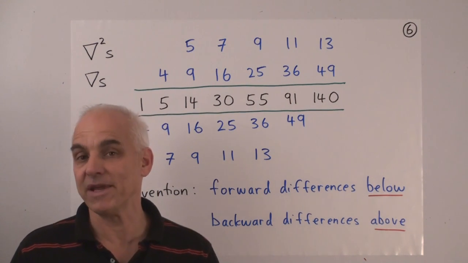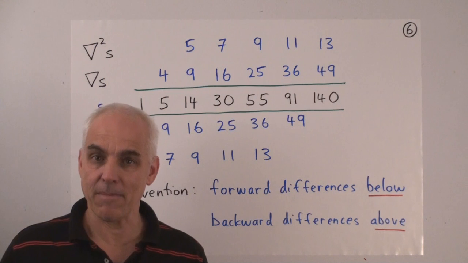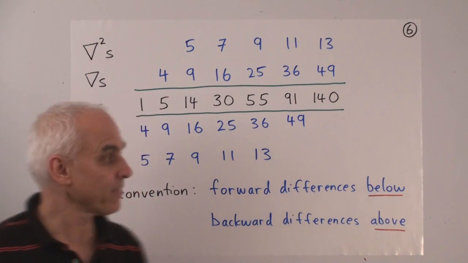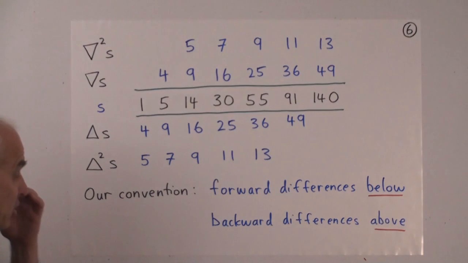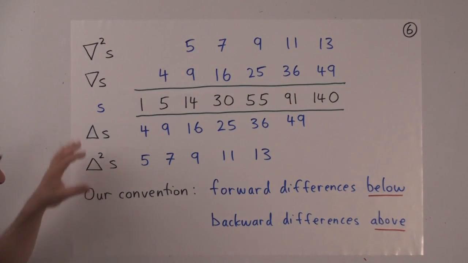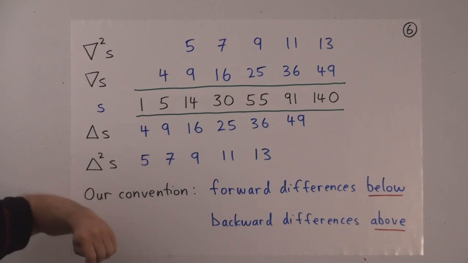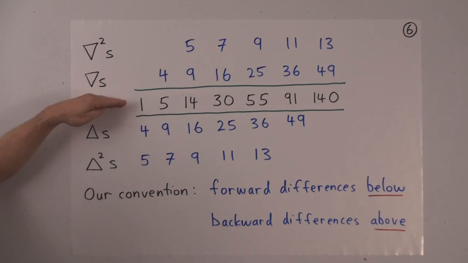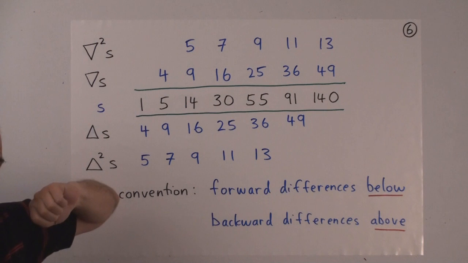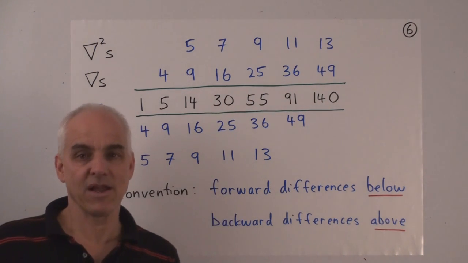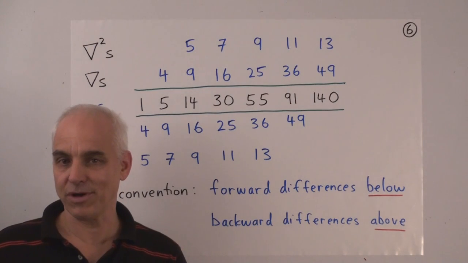They are both roughly equivalent, and it's a matter of taste and sometimes of convenience which one we're going to choose. Our notation will be that we're going to think about the forward differences in a table below the sequence and backwards differences in a table above the sequence. That's just one way of keeping straight in our minds what kind of difference table we're looking at.